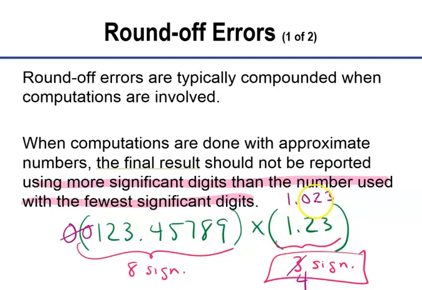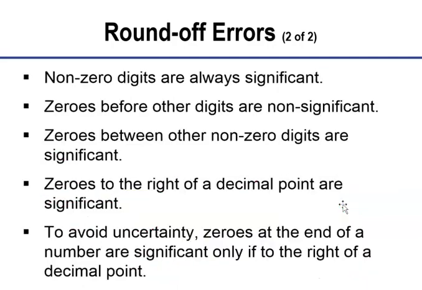So that's 1, 2, 3, 4. So again, numbers on the left of whole numbers are not significant digits. Numbers in between numbers are always significant digits. Let's keep going. Zeros to the right of a decimal point are significant. So anything on the right of a decimal point is significant.